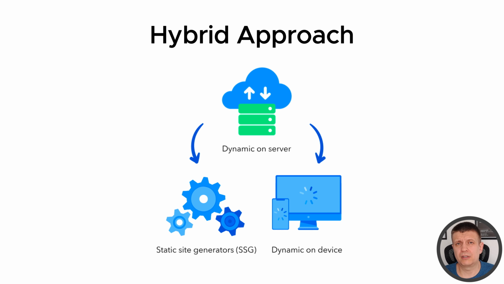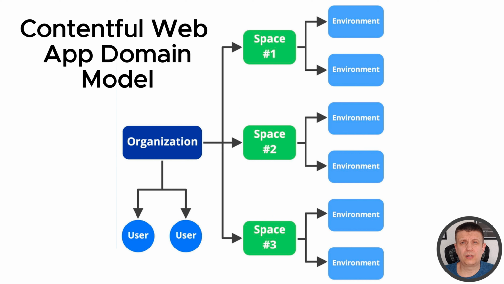Some of the data you may grab on the server, if you have a full stack application, and then some of the data you can fetch in the React component, so the user has a better experience. I think Next.js is the best use case for this, and it allows you to do static page generation. It's also a full stack app, and then it has React client components where you can grab data client side if you need.